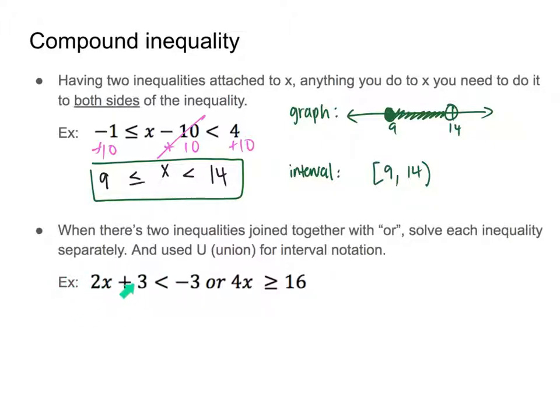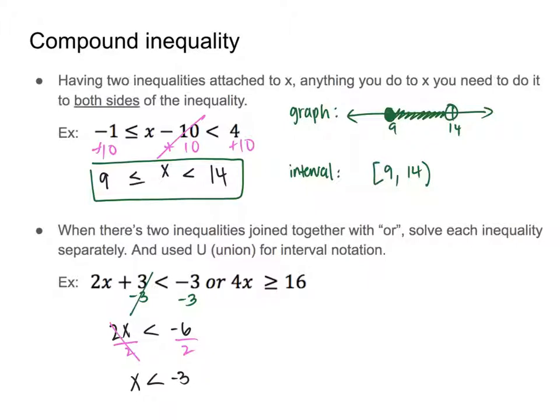The first thing I need to do is move over this positive 3, so I subtract 3 on both sides. That cancels. 2x is less than -6. I need to divide by the 2. So x is less than -6 divided by 2, which gives me -3.